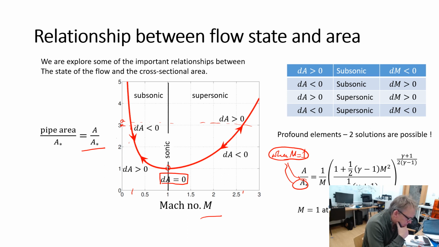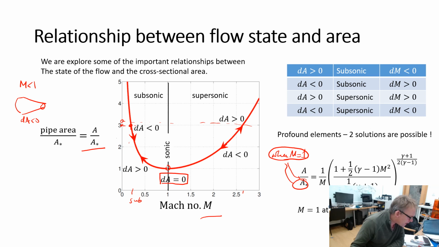Now, we can start to understand the consequence of a changing cross-sectional area on the Mach number, just simply from this curve here. So if we take a pipe and it's compressed, squashing the flow, and the Mach number is less than 1, so subsonic flow, then dA is negative and we're on the left hand side of the curve, the subsonic side.